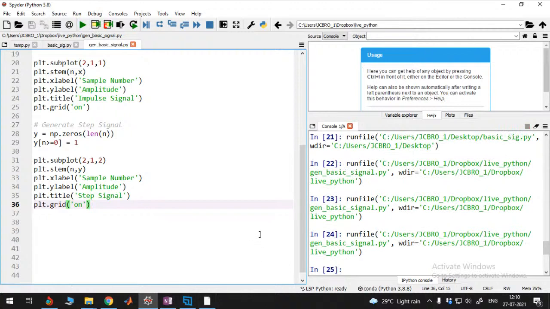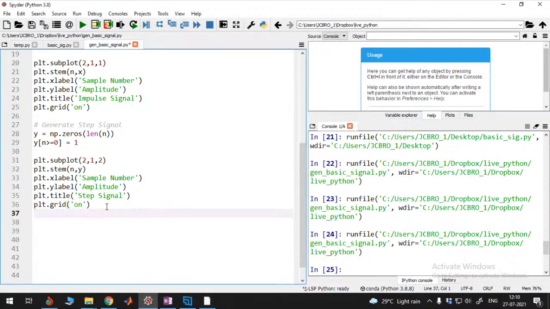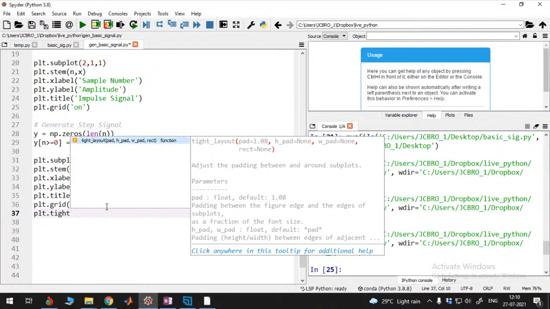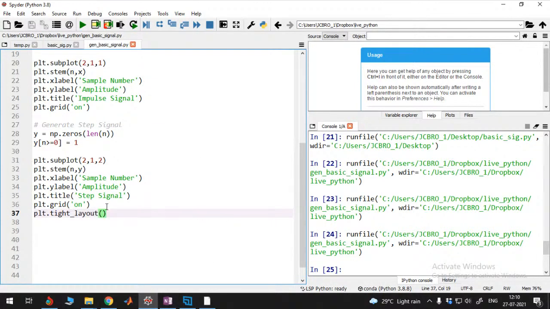Okay, so the graph is visible. This is the signal, but you will see these lines are overlapping each other. So what we'll do, there's a command plt dot tight underscore layout, tight_layout.